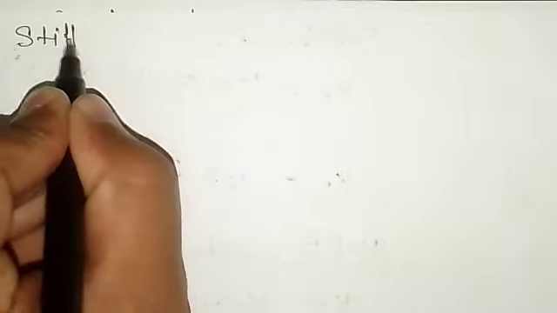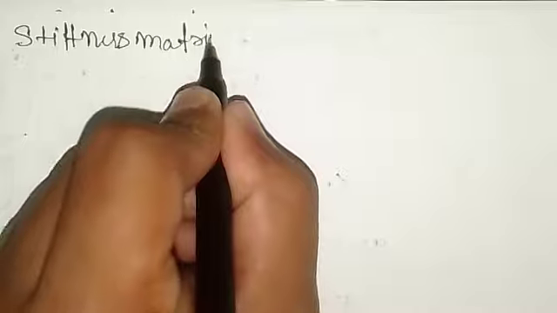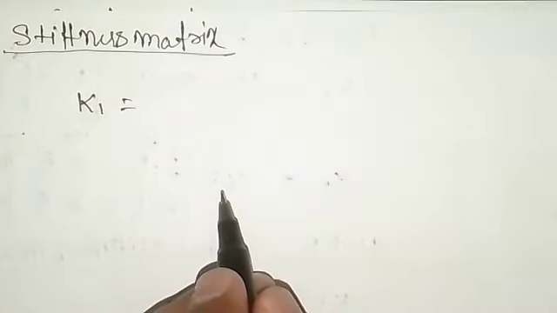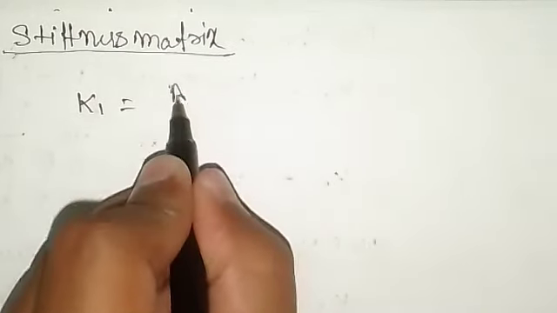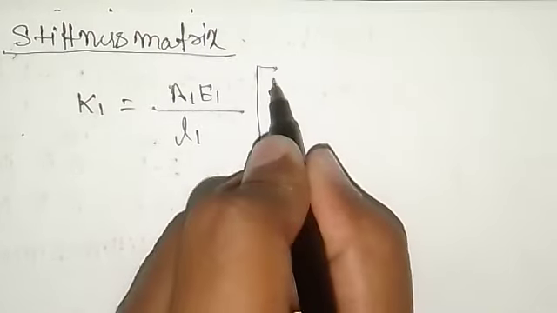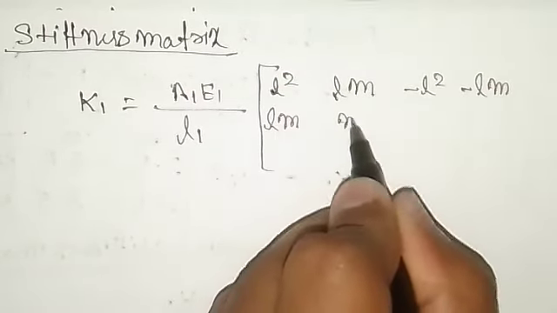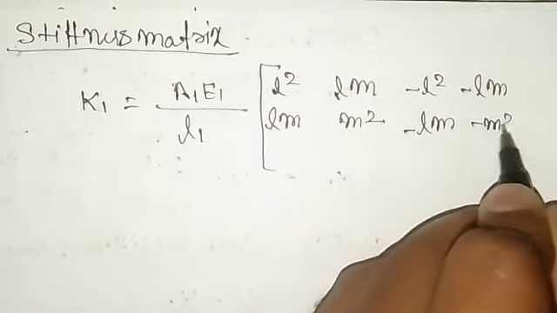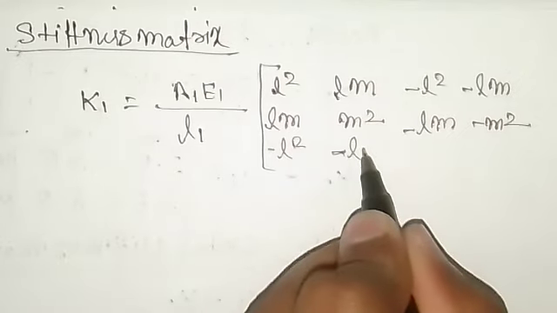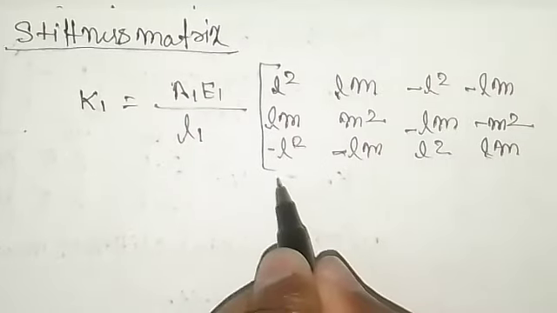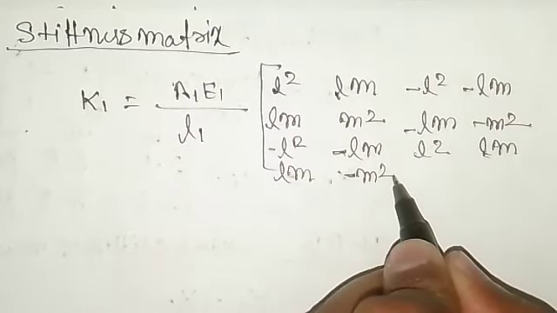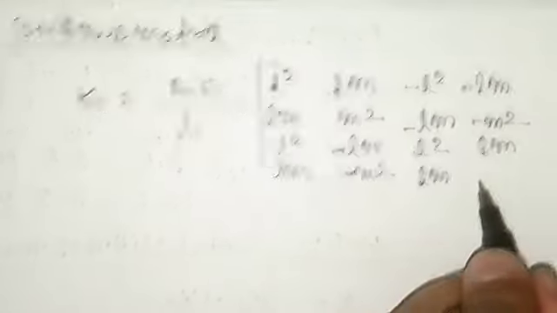For truss, the stiffness matrix formula is K equal to A1 E1 by L1 times the matrix with first row l square, lm, minus l square, minus lm; second row lm, m square, minus lm, minus m square; third row minus l square, minus lm, l square, lm; and fourth row minus lm, minus m square, lm, m square.